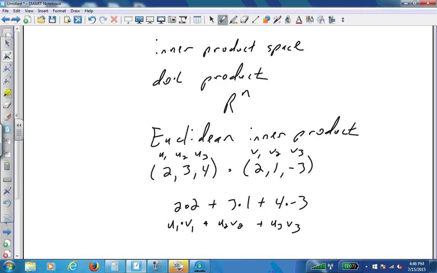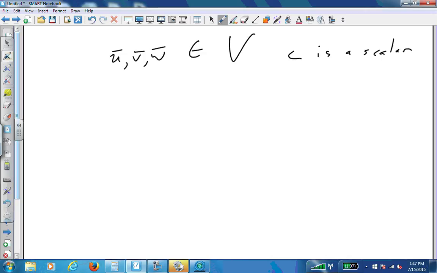Remember, when we took the dot product, we got some number, not another vector or another matrix. So it associates a number with u, v, or w, as long as it meets the following four criteria.